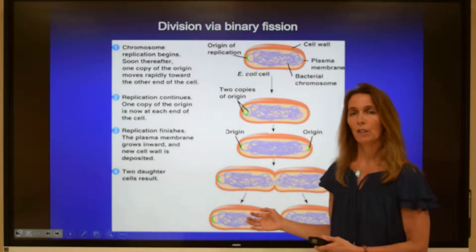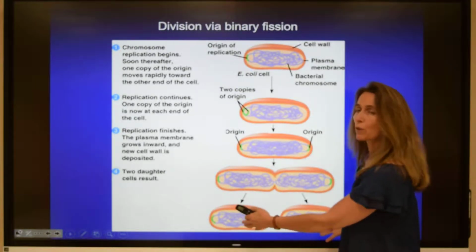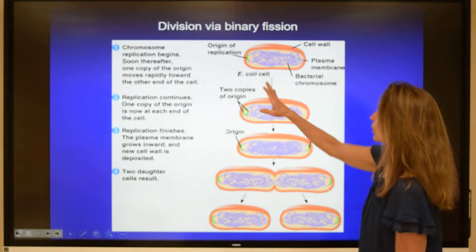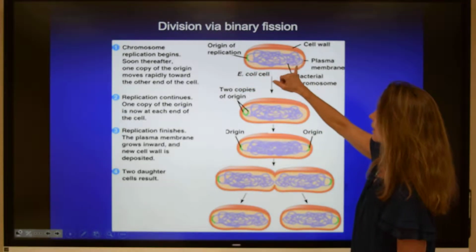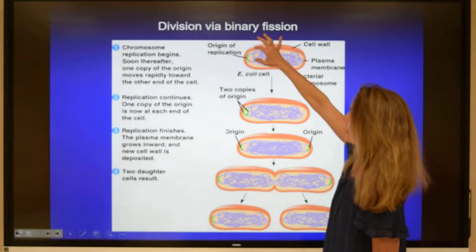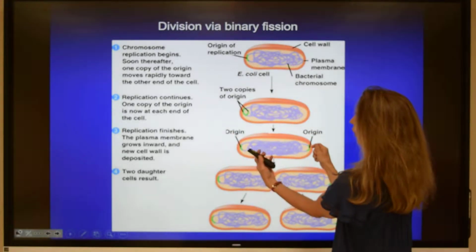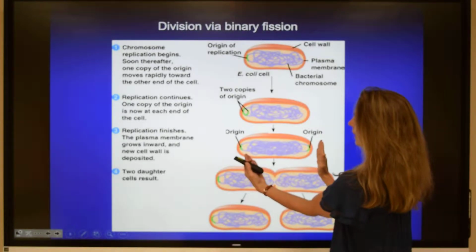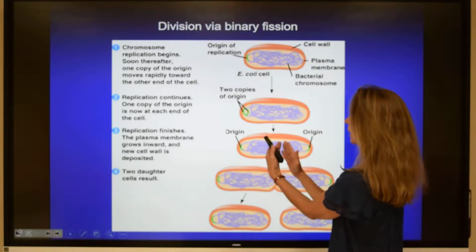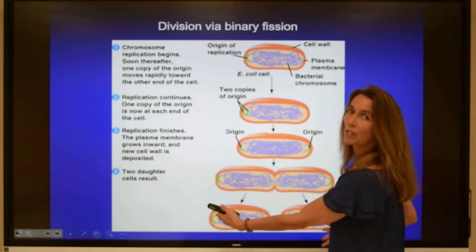Critically important structures such as ribosomes will be distributed between both daughter cells. Here, if you have your genome, you have the origin of replication, and in this case on the side, the genome replicates, then one copy will be arranged on one side of the cell and another copy on the other side of the cell, the genome divides, the cell divides, and then we have two individual cells.